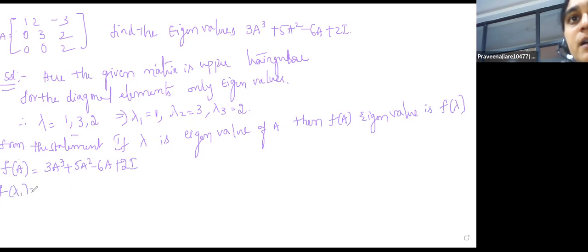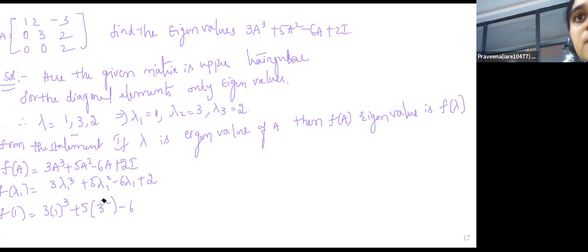For that, what is the first eigenvalue? Lambda 1. I am substituting directly in place of A as lambda 1. What is the lambda 1 value? f of 1 is 3 into 1 cube plus 5 into 1 square minus 6 into 1 plus 2.